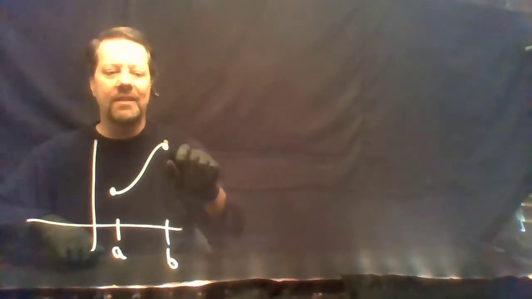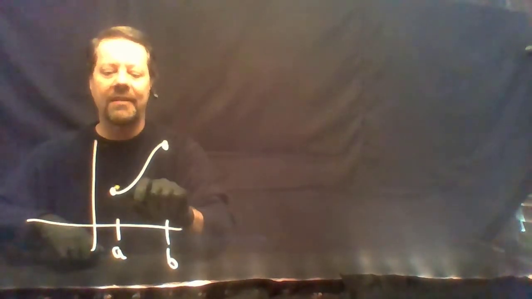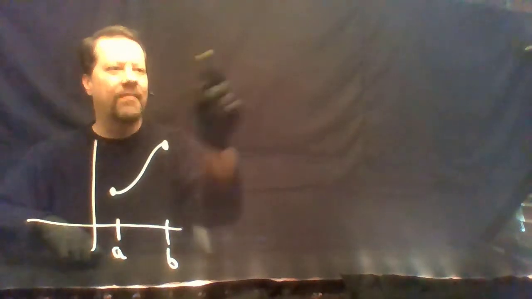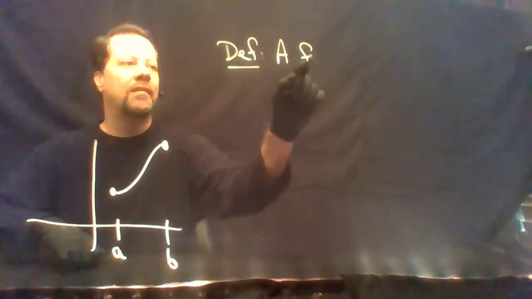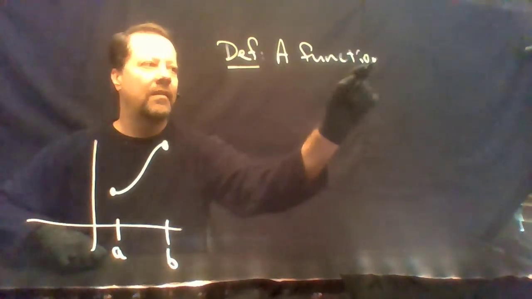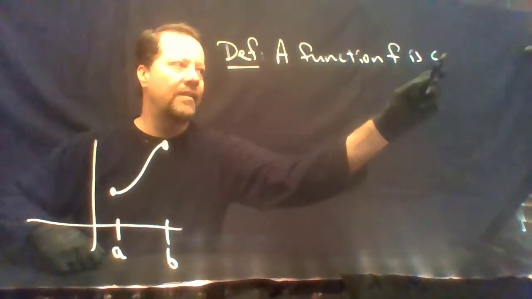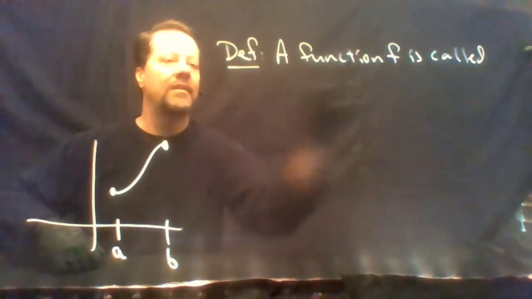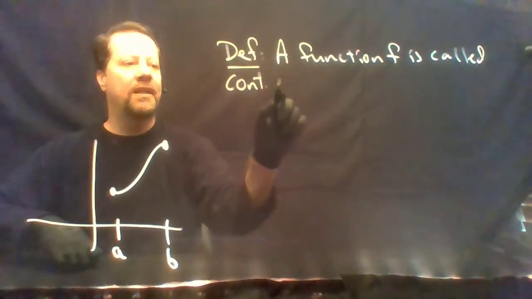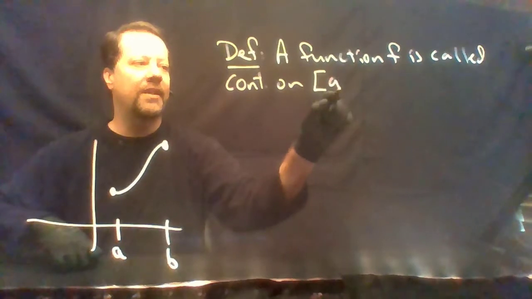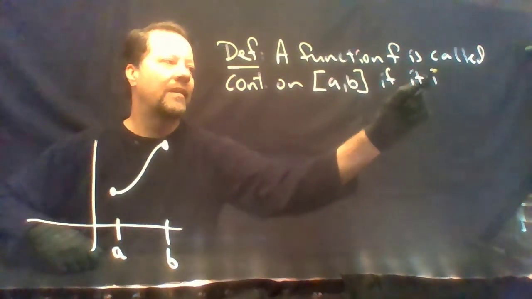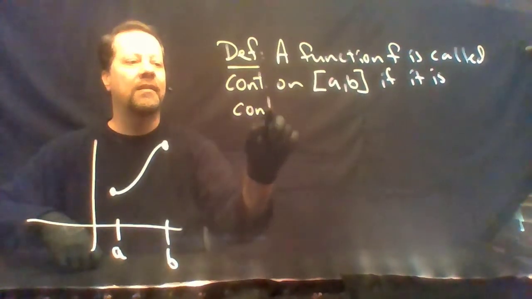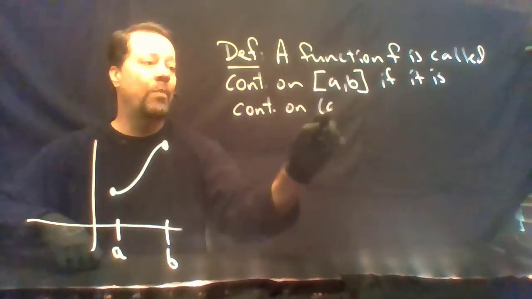If a function is defined on a closed interval from a to b, but not defined out of that interval, in what sense is it continuous at one of the endpoints? Function f is called continuous on the closed interval ab if it is continuous on the open interval ab.